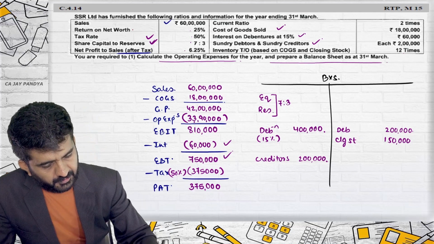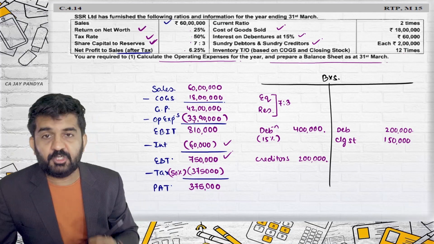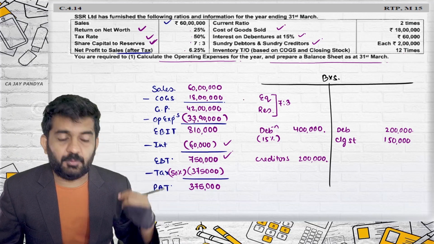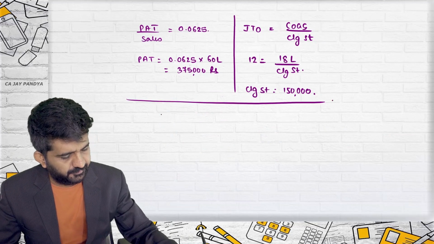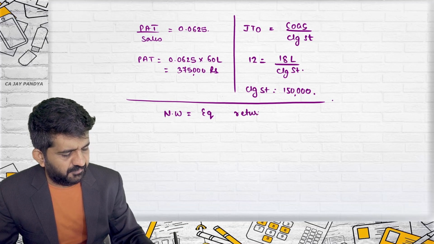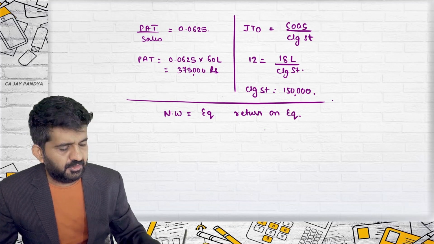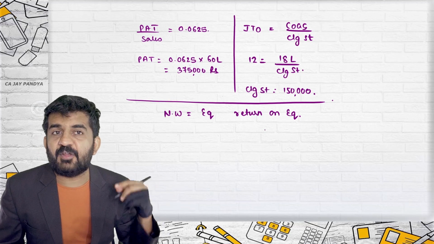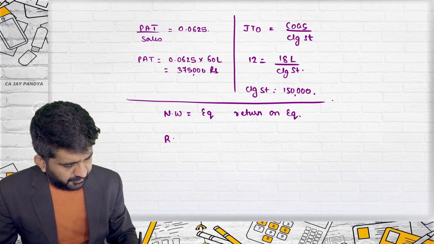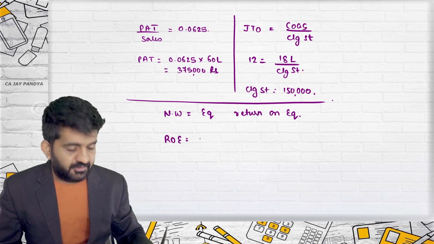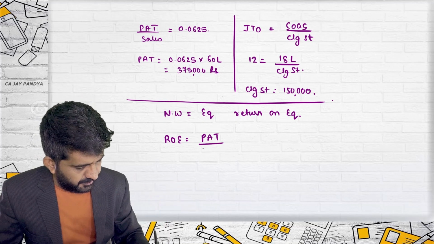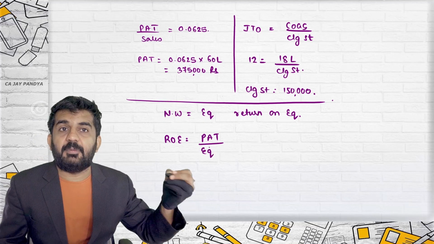Alright. Return on net worth is given. What is net worth? It is the same as equity. Try to concentrate. Net worth is equal to equity, so what is given is return on equity. If there is no preference share capital, return on equity is equal to earnings available to equity shareholders, which is nothing but profit after tax because there is no preference dividend, divided by equity, multiplied by 100.